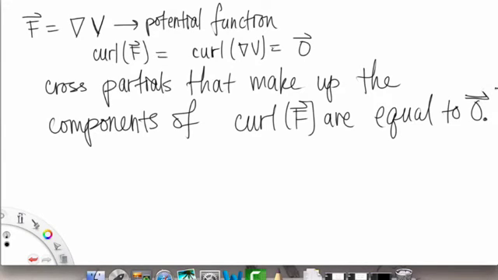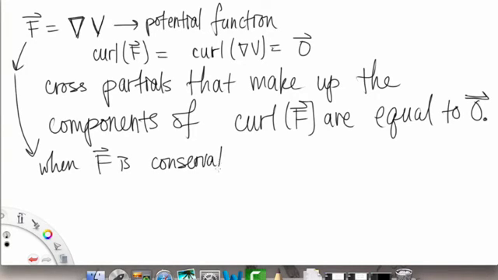Basically, what this is saying is that when F is a conservative vector field, the cross partials condition is also satisfied. Remember that? The cross partials have to be equal.